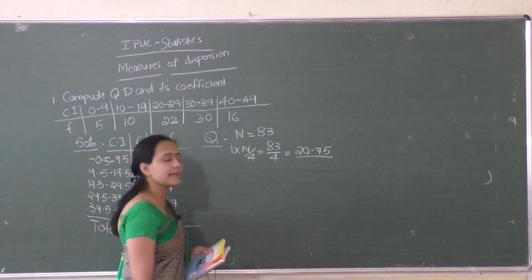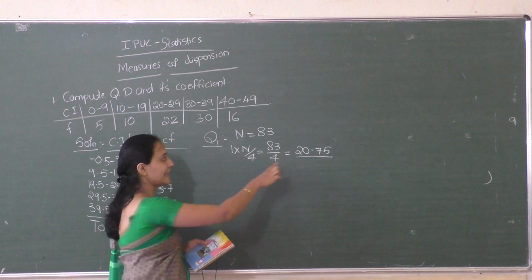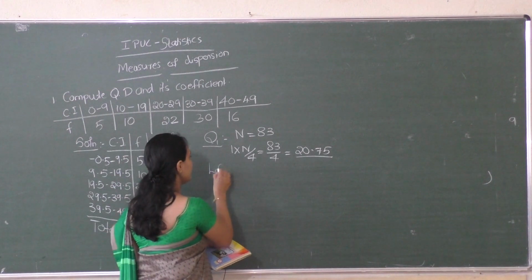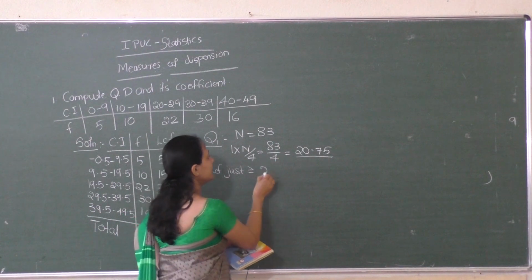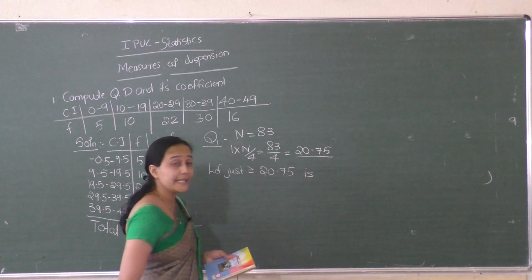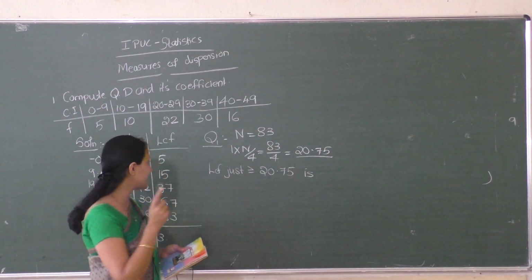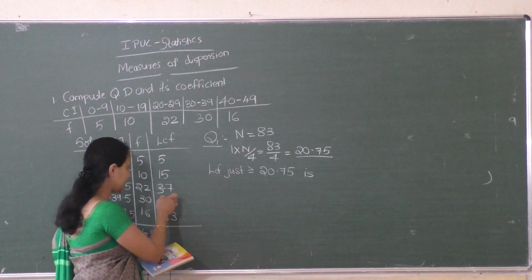Next, go to the less than cumulative frequency which is just greater than or equal to 20.75. Which one? 37. Correct?